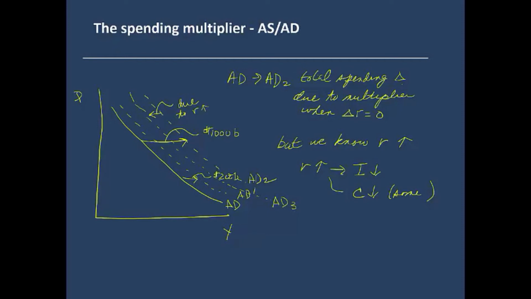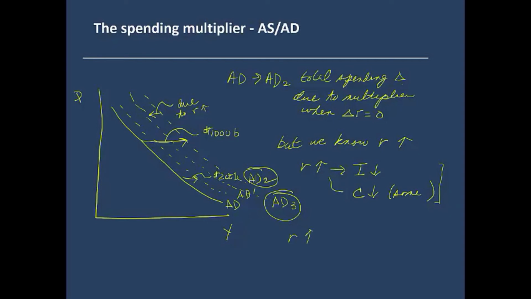Total spending would have increased all the way out to aggregate demand 2 if interest rates were unchanged. But because that increase in spending is going to raise interest rates, that's going to generate some spending declines, which is going to make the total effect on aggregate demand smaller.